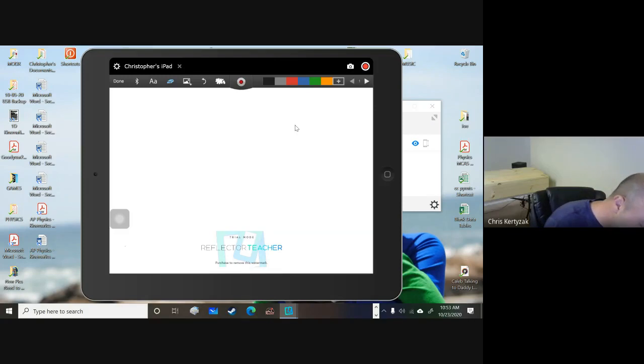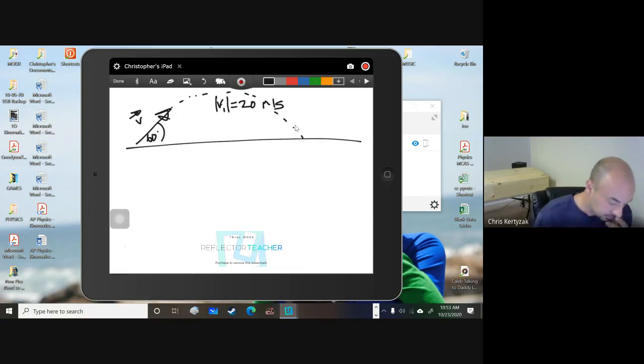All right, so the question involved a projectile motion problem. The launch angle was 60 degrees. The launch velocity was 20 meters per second. We're going to be asked to find things like: how long is it in the air?